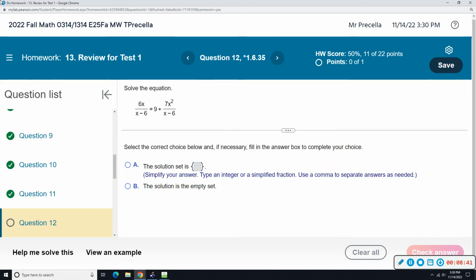Let's get rid of this piece of paper and maybe start all over. Number 12. 6x over x minus 6 is equal to 9 plus the fraction 7x squared over x minus 6.